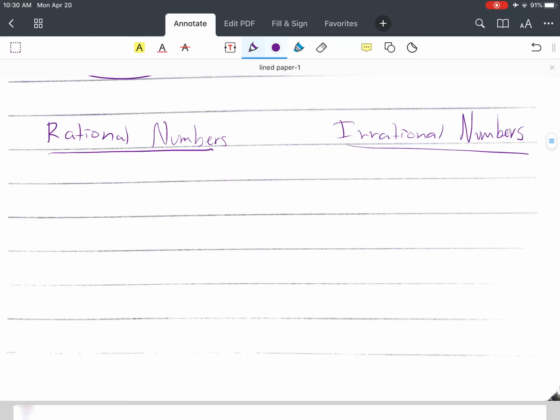I'm looking at the time right now, it's 10:30, so let's look at 10. The number 10 is rational. Why? Because you can write it as a ratio. You can write it as 10 over 1. The number 30 is rational because you can write it as a ratio, 30 over 1.